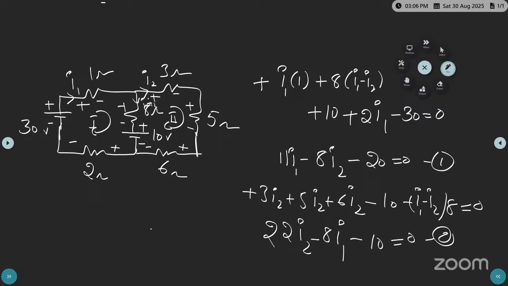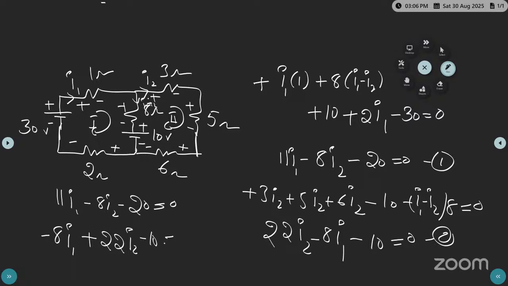First you write down the first equation. 11 I1 minus 8 I2 minus 20 is equal to 0. It's my mistake only. Second equation is minus 8 I1 plus 22 I2 minus 10 is equal to 0.